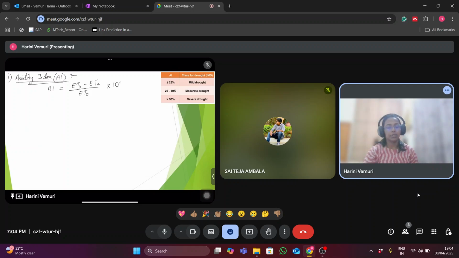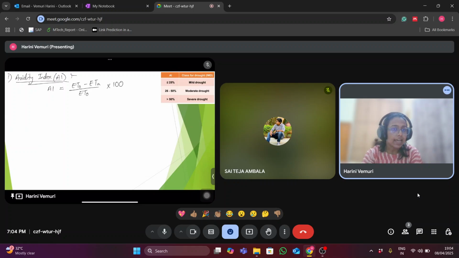ET naught is potential evapotranspiration. ETA is actual evapotranspiration. Generally, this ETA is calculated using a lysimeter. If we don't have a lysimeter at a particular location, we can use evapotranspiration equations like Thornthwaite, Penman, etc. to calculate the actual evapotranspiration.